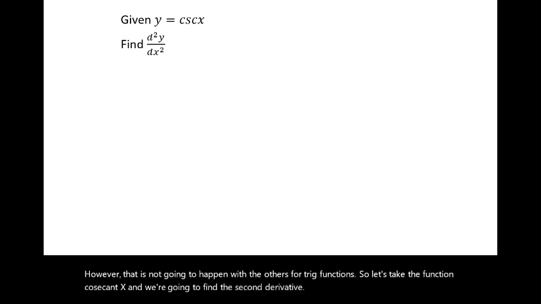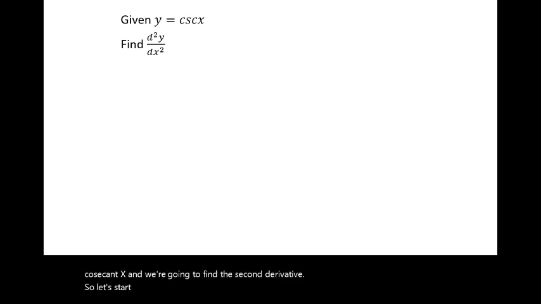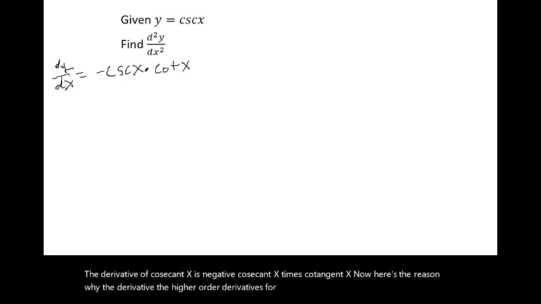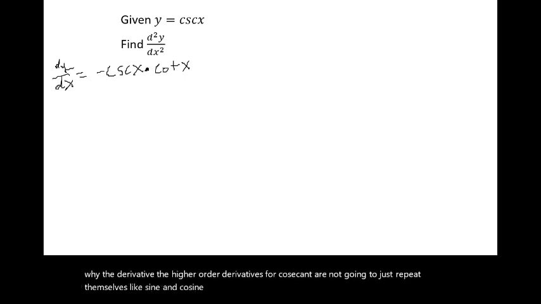So let's start with the first derivative. The first derivative, dy dx, the derivative of cosecant x is negative cosecant x times cotangent x. Now here's the reason why the higher order derivatives for cosecant are not going to just repeat themselves like sine and cosine. That product right there.